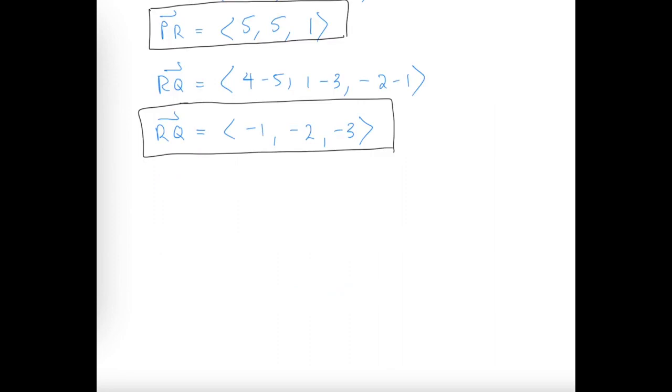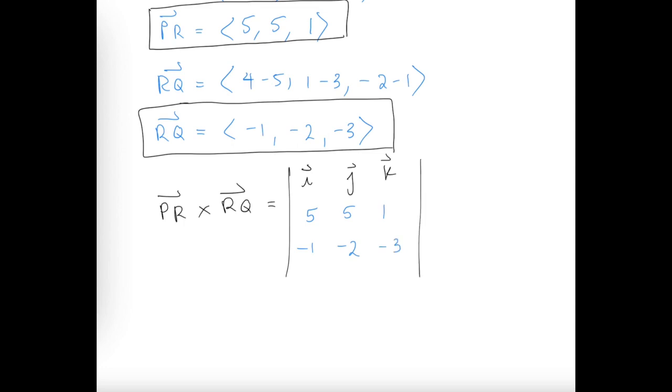So now if we want to find a vector that is going to be perpendicular to both of these two vectors and also perpendicular to the plane that is connecting these three ordered triples, then we're simply going to cross product these two vectors. PR cross RQ. This is the symbolic determinant again, so we have i, j, k. The first row of my matrix is going to be the PR vector, 5, 5, 1, and then the RQ vector, which is -1, -2, -3, and we'll calculate this determinant.